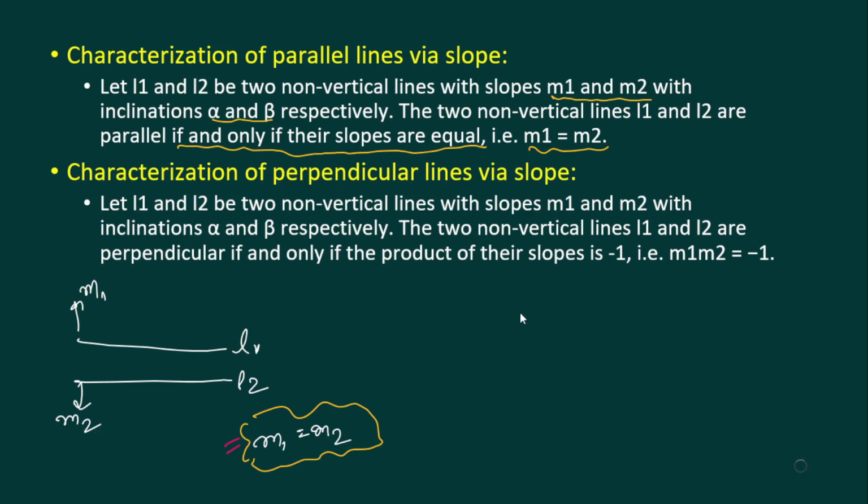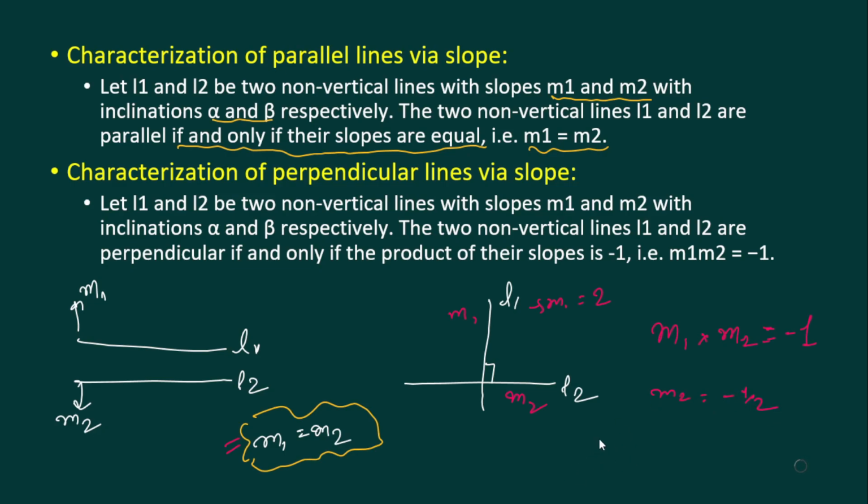Same if we have this kind of line, a perpendicular line. Let's say this is the L1 line and this is the L2 line. Two lines will be perpendicular if, with m1 as one slope and m2 as the other, m1 times m2 is equal to minus 1. Let's say m1 is 2 and m2 is minus 1 by 2.